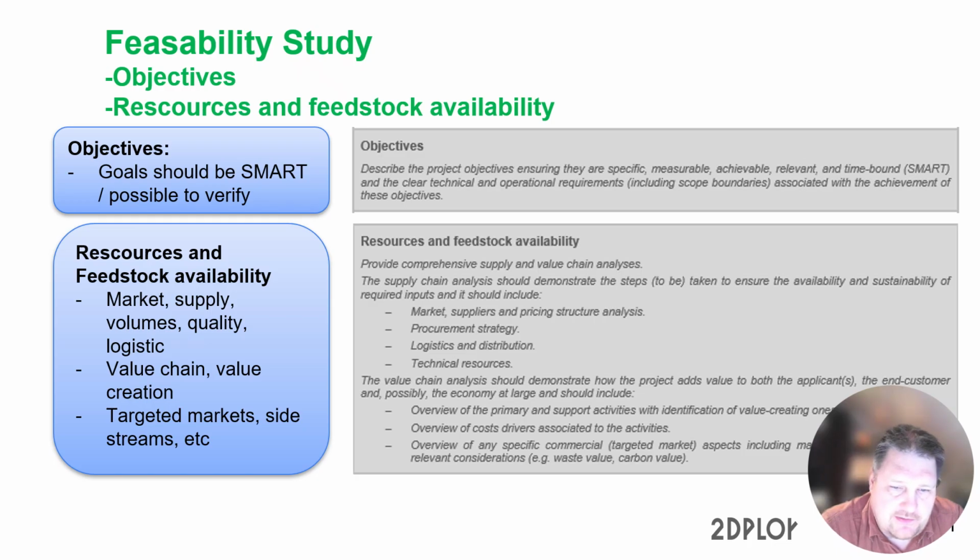Make sure that you have control of the market, the supply of materials, that the vendors can provide you the correct quality, the correct volume, logistic chains are in place. So these are very important things.